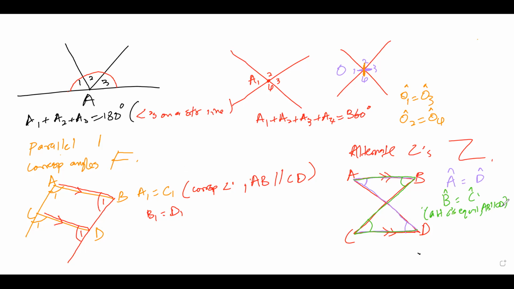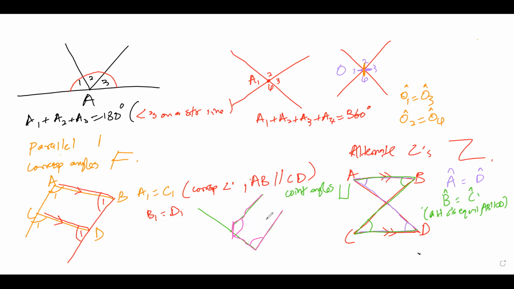And then we have the co-interior angles. Co-interior angles are the ones that form a U shape. So if you look here, you can also get a U here. Okay, so angles inside this U are supplementary.